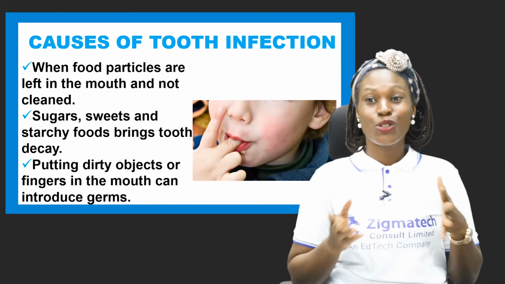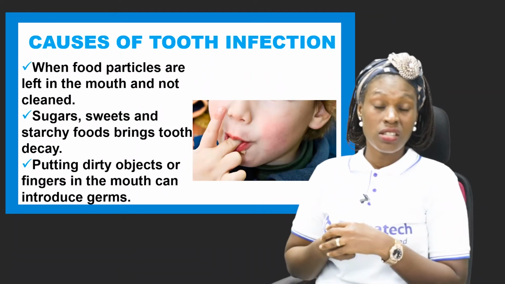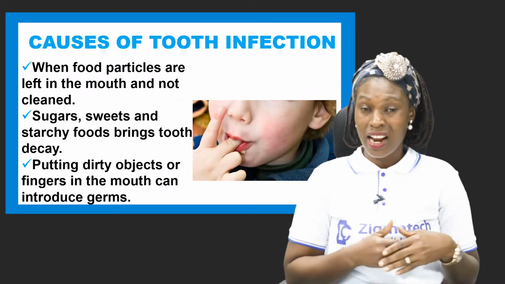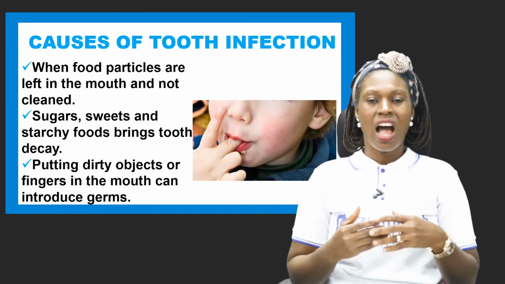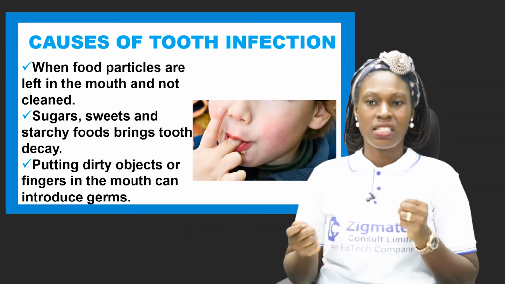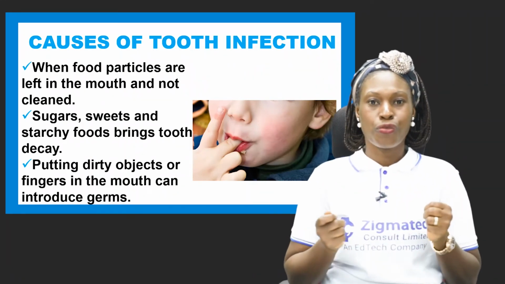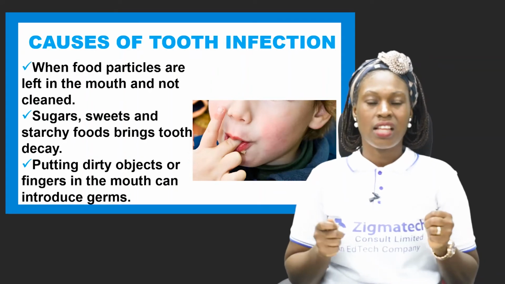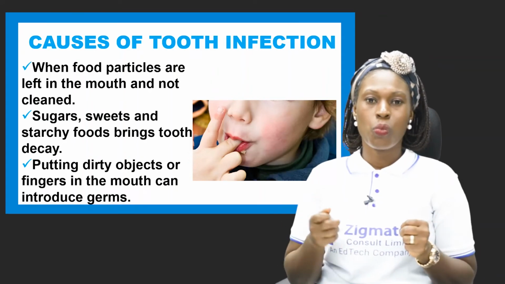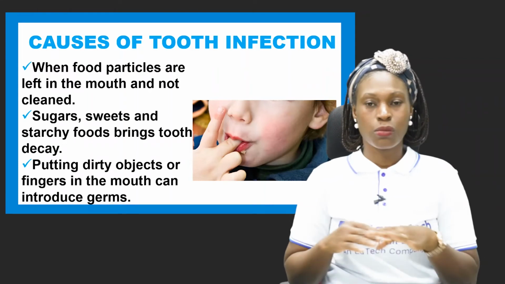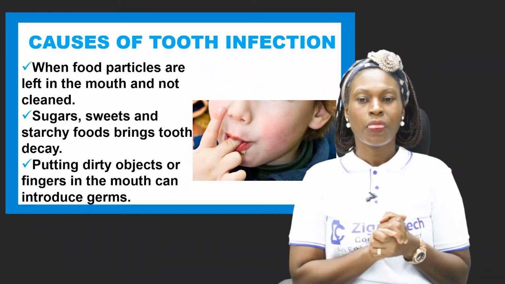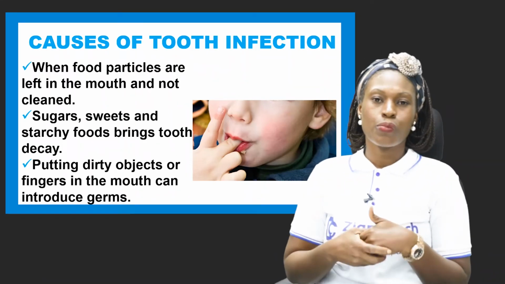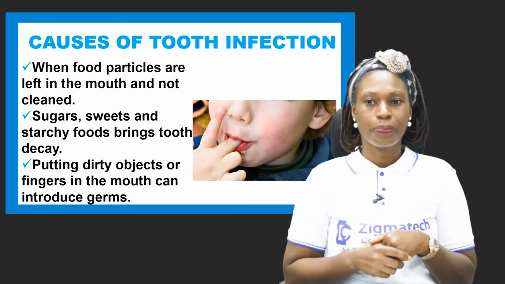Another thing is that sugar, sweets, and starchy foods bring tooth decay. Just like we said earlier, sweets aid the growth of bacteria in the mouth. So it's a one-way ticket to tooth decay. As much as you can, avoid sugar, sweets, and some starchy foods.